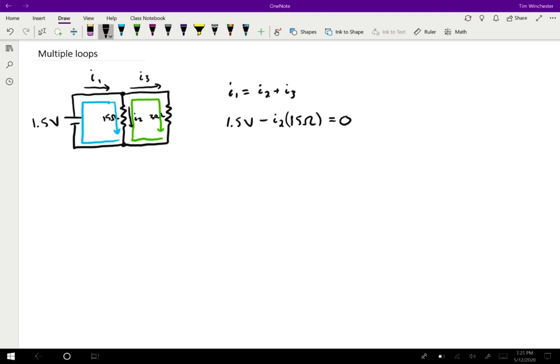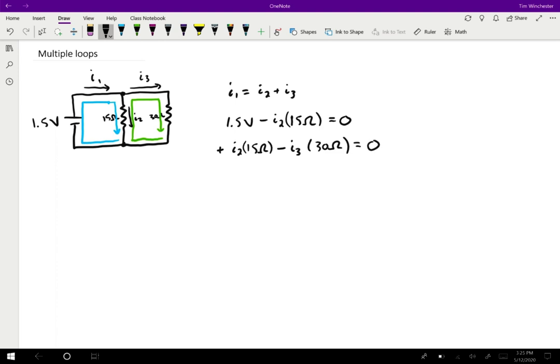So because I'm going opposite the current, I'm going uphill. So this is going to be plus I2 times 15 ohms. Again, it's just because I'm going against the current. As I follow the loop around, I cross the 30 ohm resistor. This time I'm going with the current, so that'll be minus I3 times 30 ohms. Then I'm back to where I started, so those add up to 0.